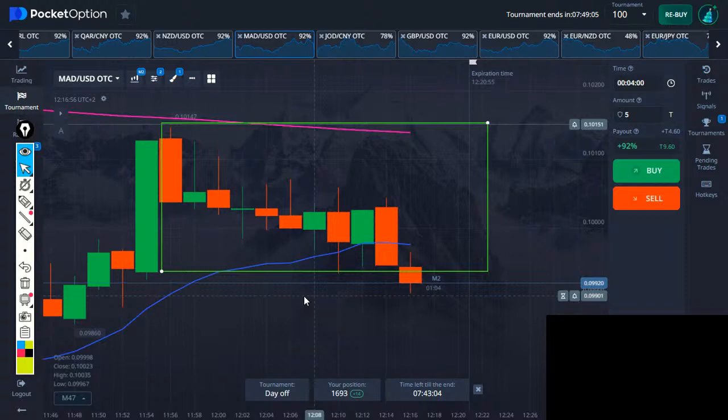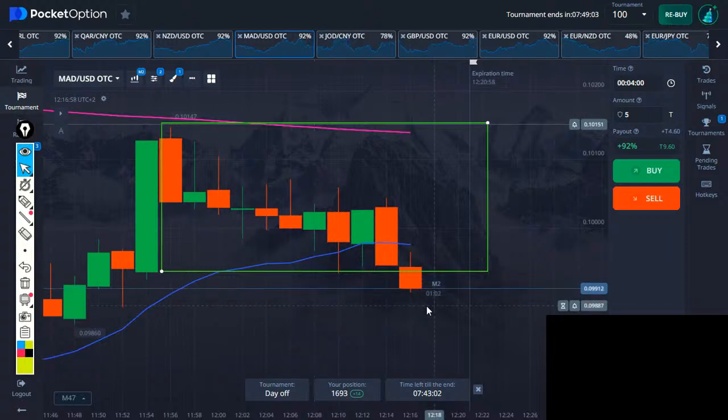Nice. Come on. So we are waiting for a candlestick pattern to show to be our confirmation to enter the trade. It's not happening.